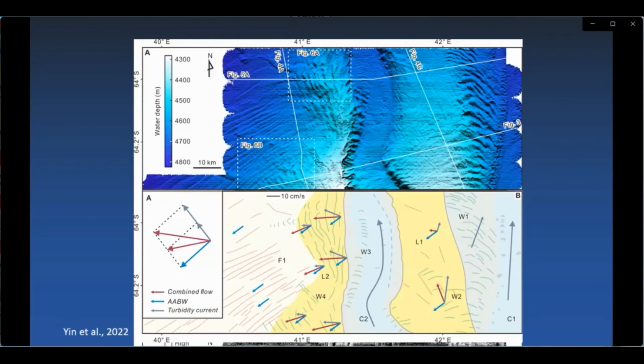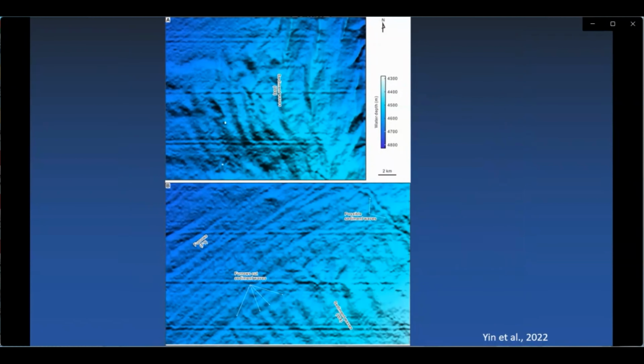It is interesting that the furrows are interpreted as formed by the Antarctic Bottom Water. The evidence is mainly that the furrows cut the sediment waves. That means the furrows formed after the sediment waves, and their orientation is nearly parallel to the Antarctic Bottom Water.